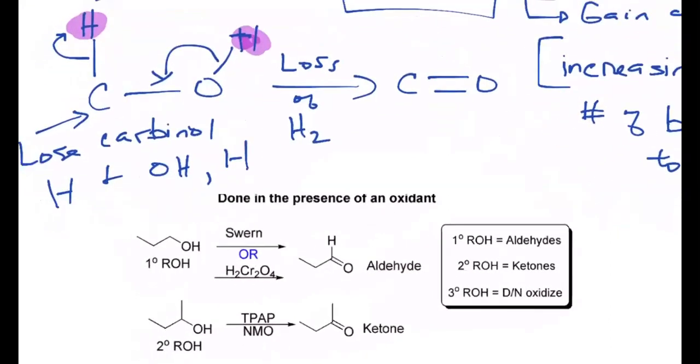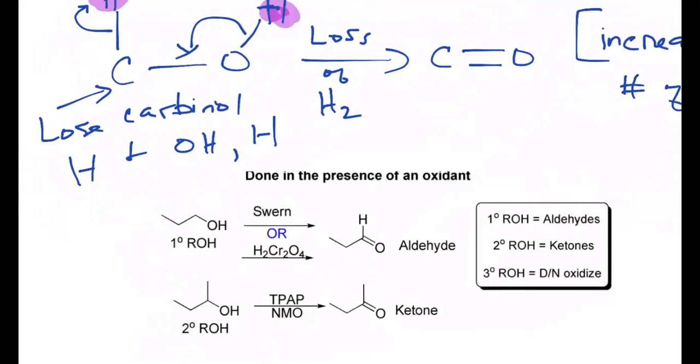So you can see right here in this first reaction, you have a primary alcohol, right, and you can react it under either Swern conditions, and I'm gonna pull that up too so you can see the reagents. It's like oxalyl chloride and DMSO, I think, but I'll show you the conditions in a second. So you can do a Swern or you can do chromic acid. Both of those take primary alcohols and convert them into aldehydes, right?